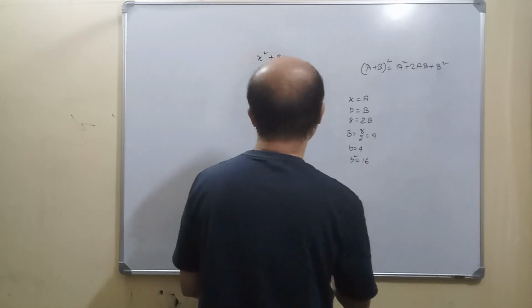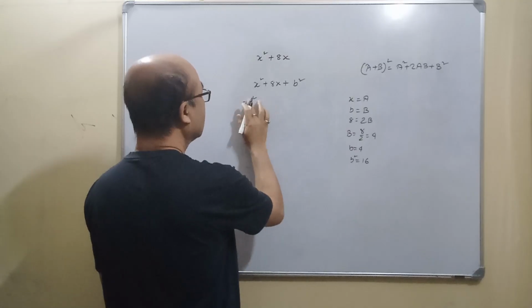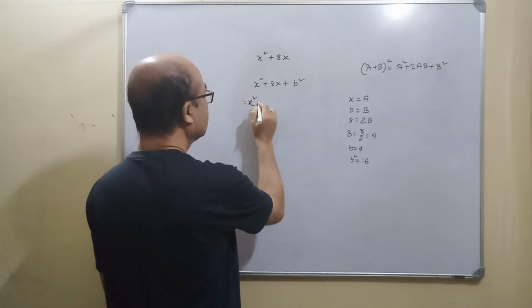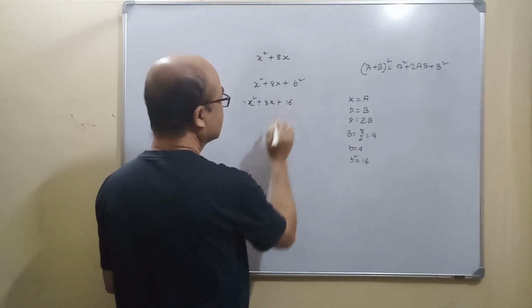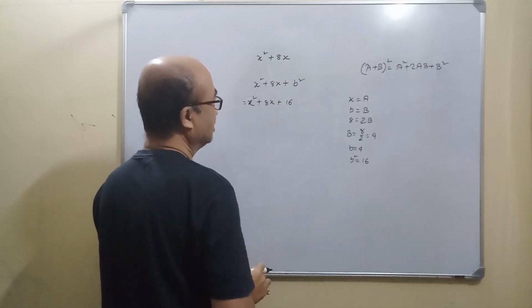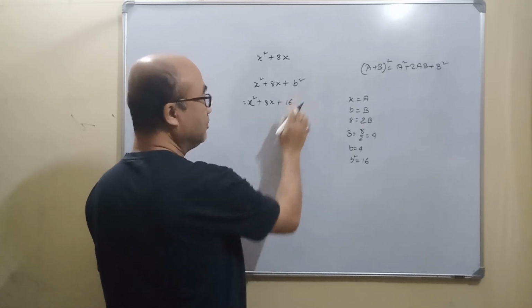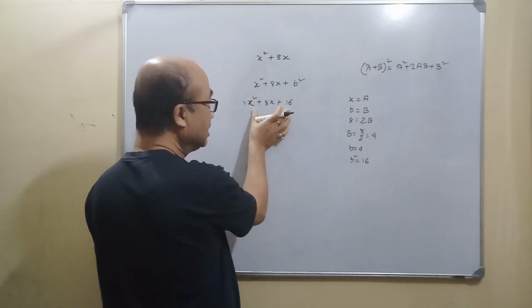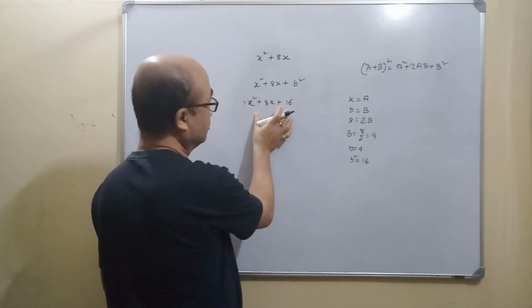So that means we have to add 16, so x square plus 8x plus 16, so that we can convert it to a perfect square.